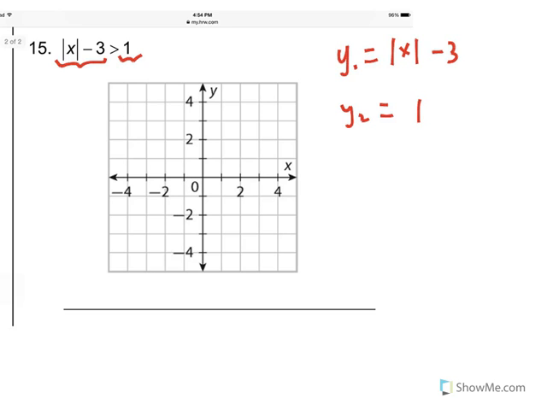And so once again, we're going to graph, and the vertex for the absolute value would be at (0, -3). So that would be right here. And again, we use the slope of 1 over 1 to go up 1 over 1 to both sides, extending the equation both ways.